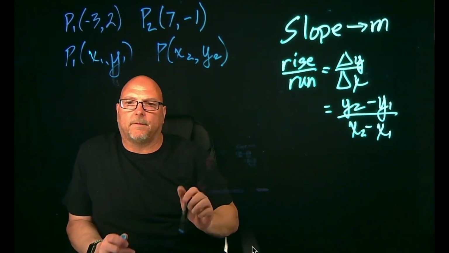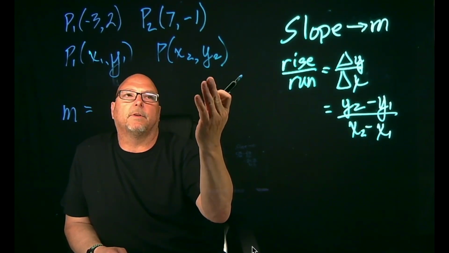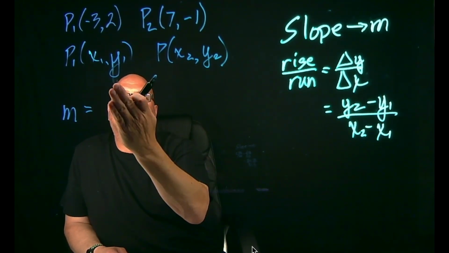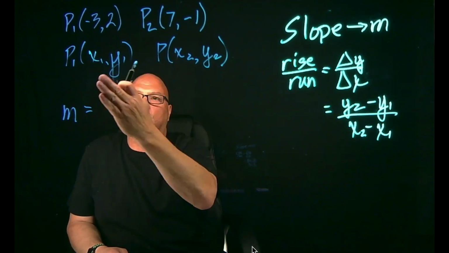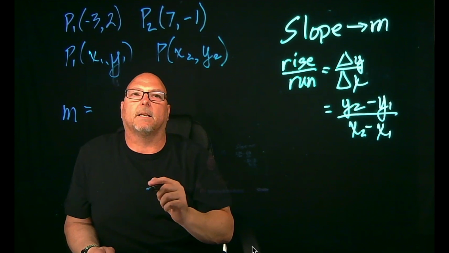Now you have to be very careful when you set this up to make sure that if you're doing y sub 2 minus y sub 1, that you're also doing x sub 2 minus x sub 1. You can't go different directions with them or you won't get the right answer.